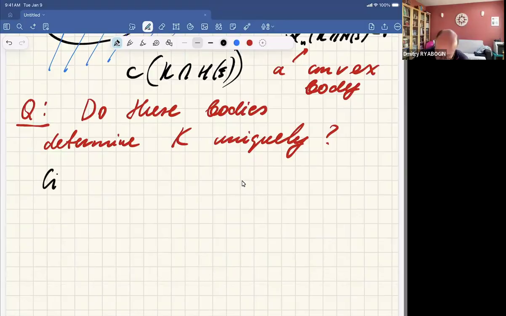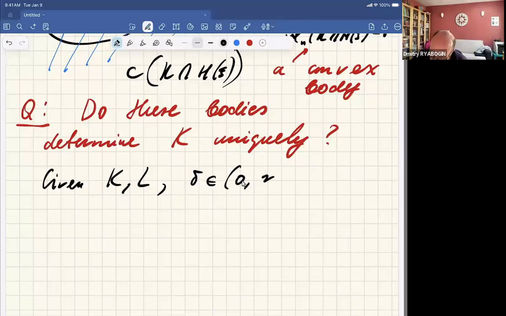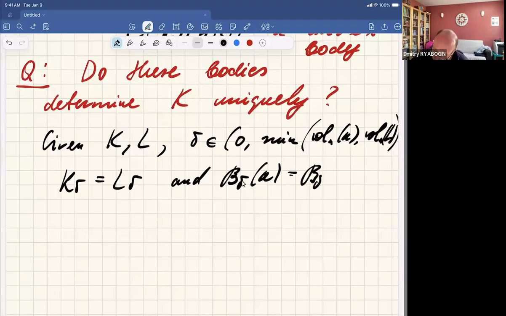If we are given K and L, and delta is from 0 to the minimum of the volume of K and the volume of L, and we know that K delta is equal to L delta, and B delta of K is equal to B delta of L, does it follow that K is equal to L?